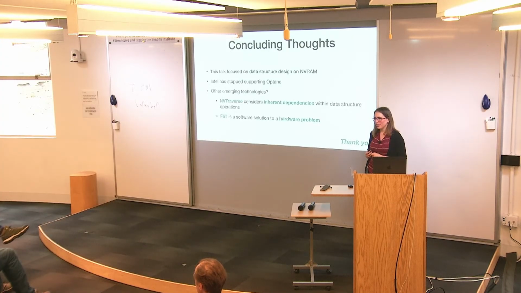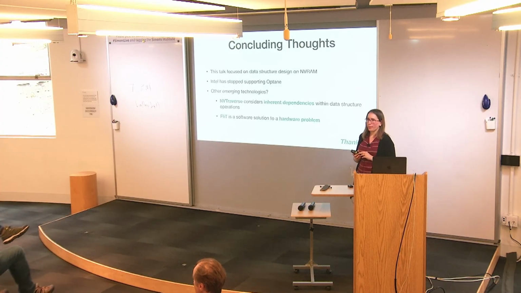So, I think about this last thing: FliT is a software solution to a hardware problem. If the hardware has to keep track and be able to tell you if something is persistent for the L3 cache, that's a large amount of information and it's slow to access that cache. I actually imagine FliT might be the thing they would do in hardware, maybe.